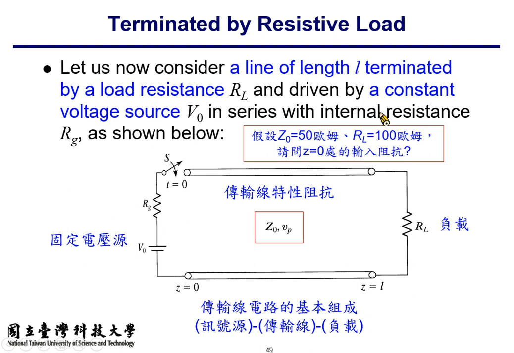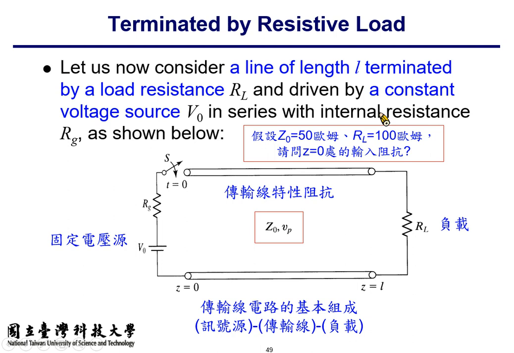It goes back to the source on the left-hand side. And because the characteristic impedance Z0 and the internal resistance of the generator RG are not the same, you will have another reflected signal due to the impedance mismatch. So you will have signals going back and forth in this system.